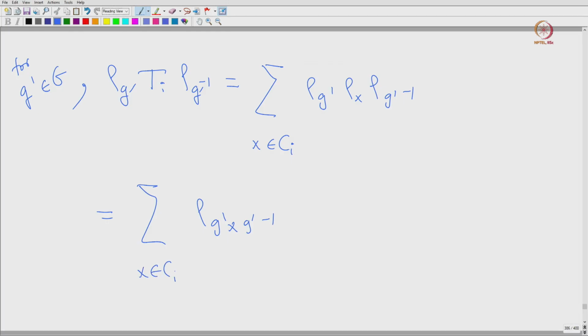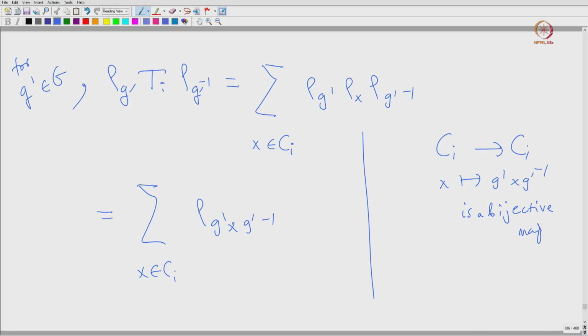But it is easy to prove that from Ci to Ci this map x goes to G dash x G dash inverse is indeed a bijective map. The inverse map is given again by taking the conjugate with respect to G dash inverse. That is something very easy to see.